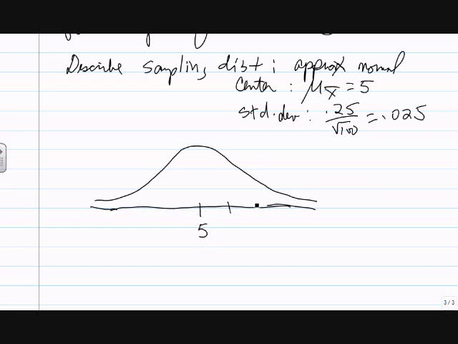I'm going to put 1, 2, 3 standard deviations above, 1, 2, 3 below. One standard deviation above would be 5.025. 2 standard deviations above would be 5.05. 1 standard deviation below is 4.975. 2 standard deviations below is 4.95. You can put the other numbers on if you wish.